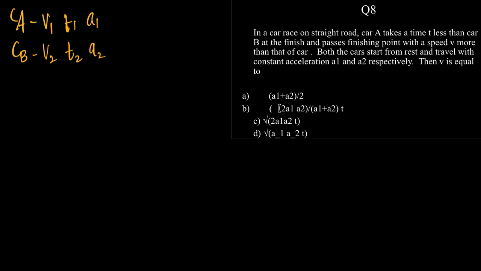According to the question, the velocity of car A is v more than that of car B, and the time taken by car A is t less than the time taken by car B.